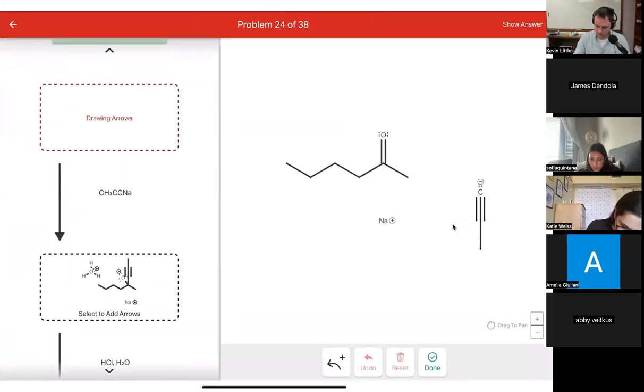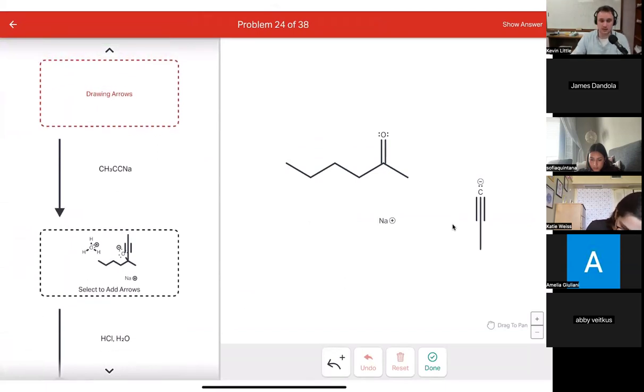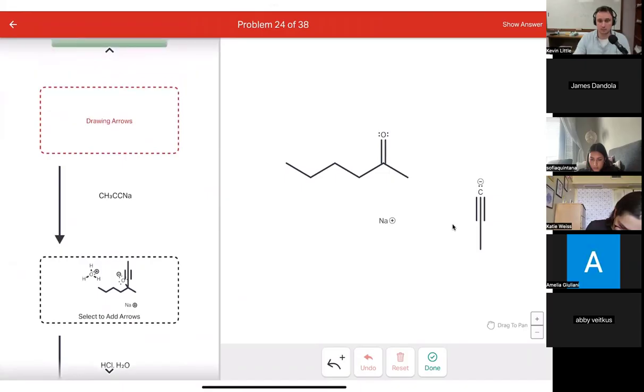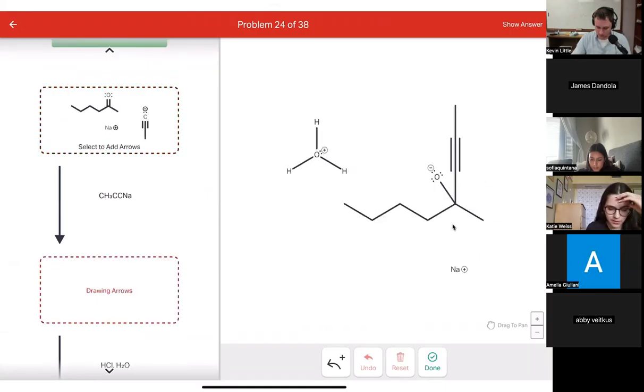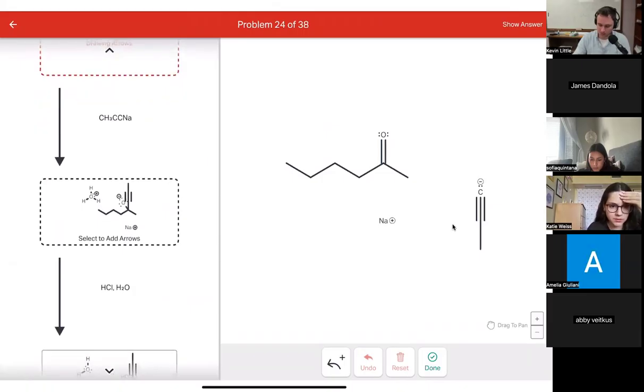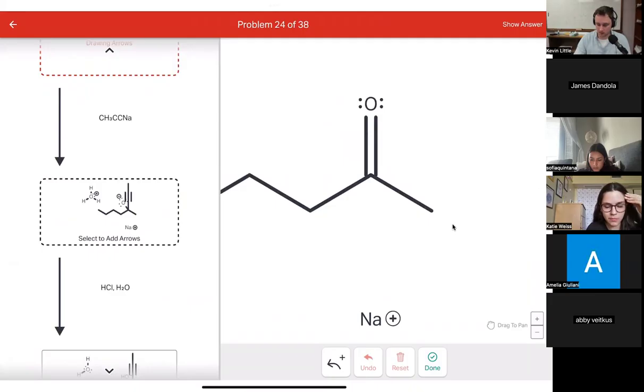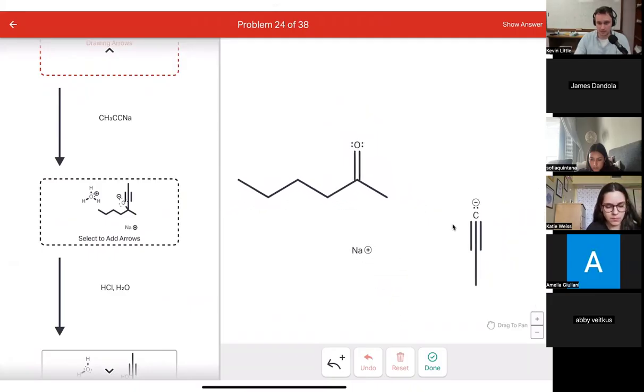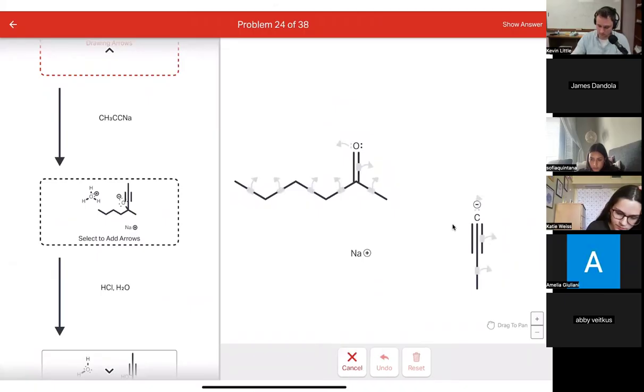With something like this, you'd have to look at the next picture and say, what two things have bound together? Based off the next picture, this triple bonded carbon has to be bound to the carbonyl carbon. It's a new bond I have to form, so this guy goes here.